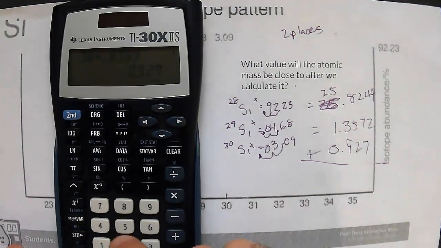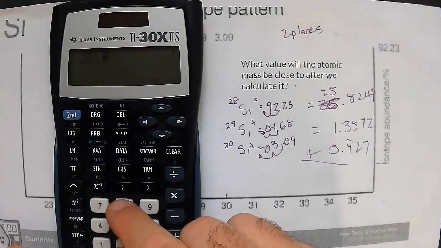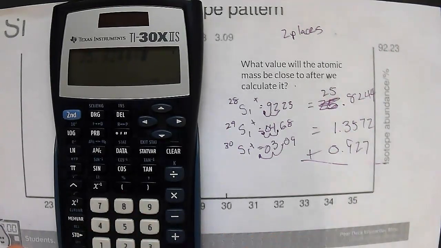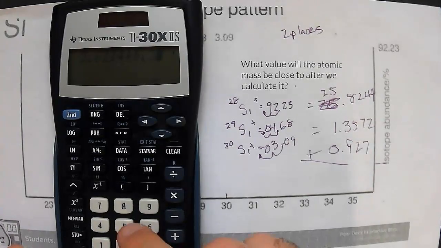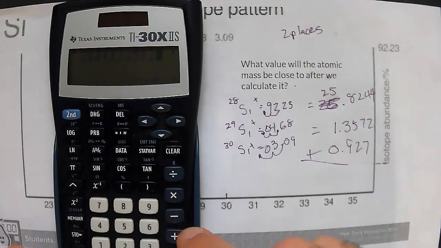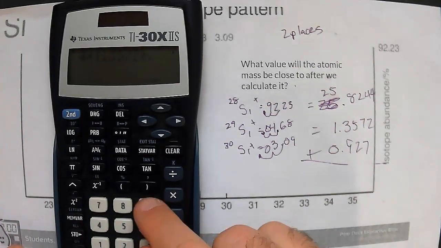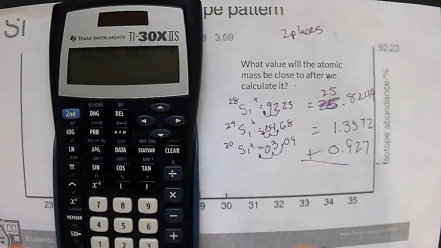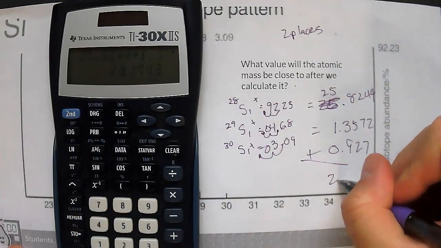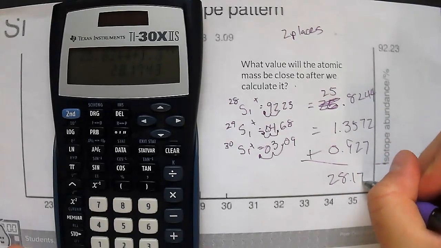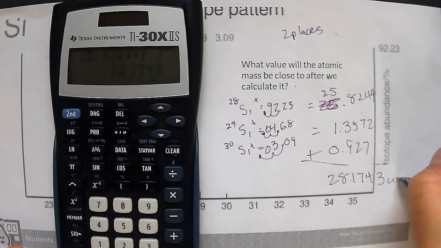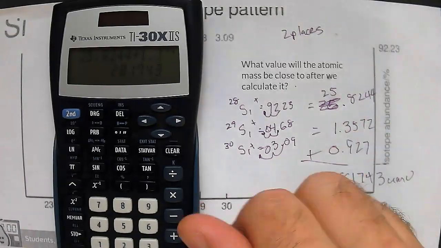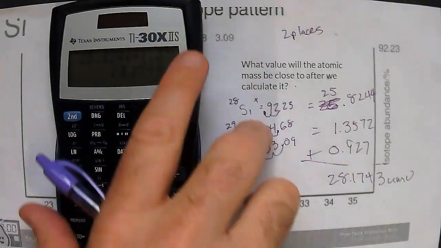So we get 25.8244 plus 1.3572 plus 0.927, and we get 28.1743 AMU. We can verify this 2 ways.